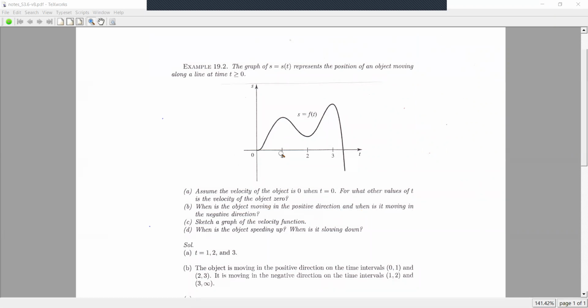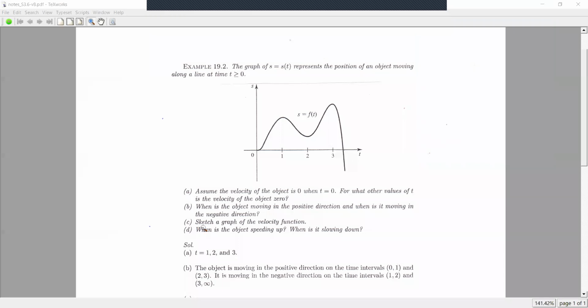Similarly, the object is moving in the positive direction over the time interval from 2 to 3. Between 1 and 2, all the tangent lines have negative slopes. So between 1 and 2, the object is moving in the negative direction. Similarly, from 3 to infinity, the object is moving in the negative direction.